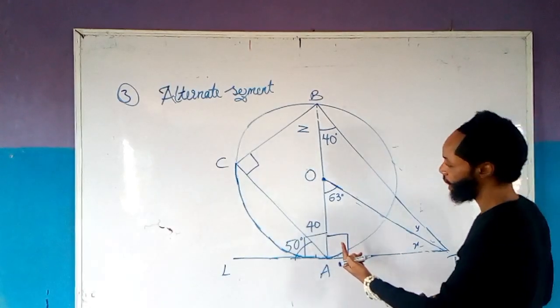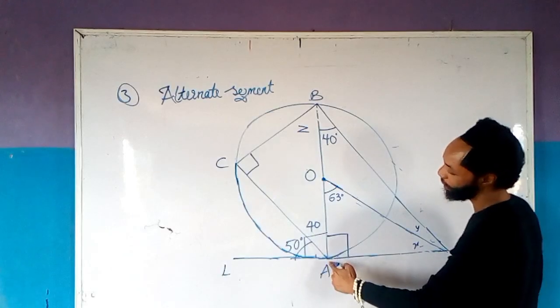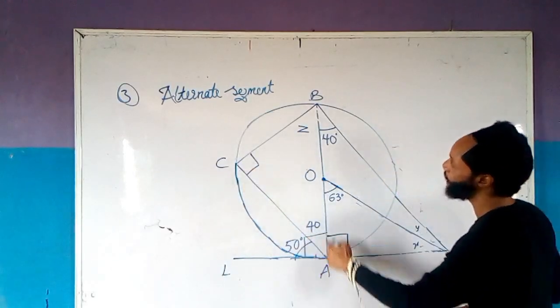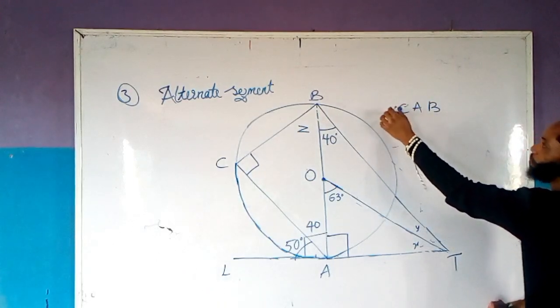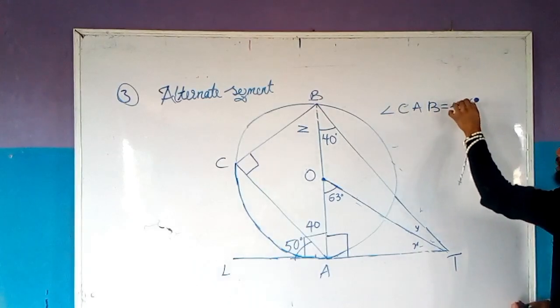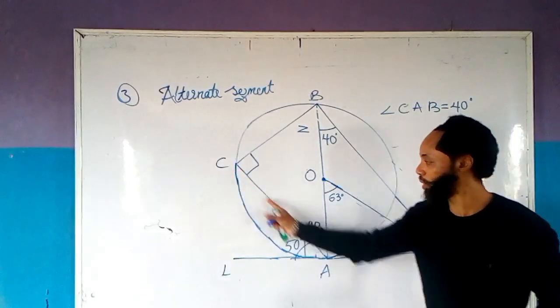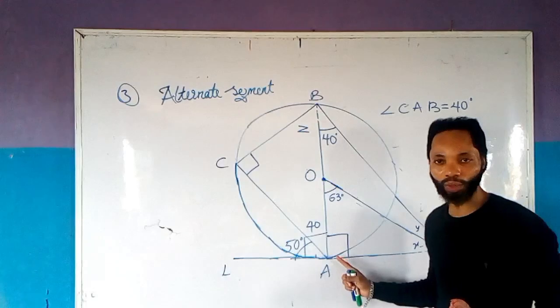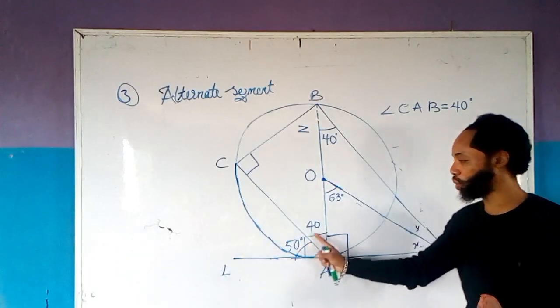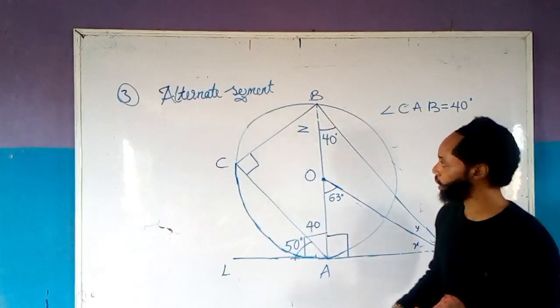So we have angle CAB. Angle CAB is 40 degrees. You understand? How did we get that? 90 minus 50. We got that one.